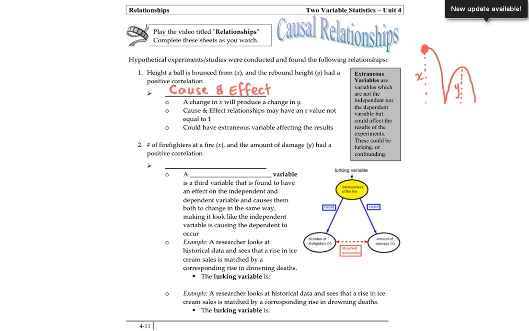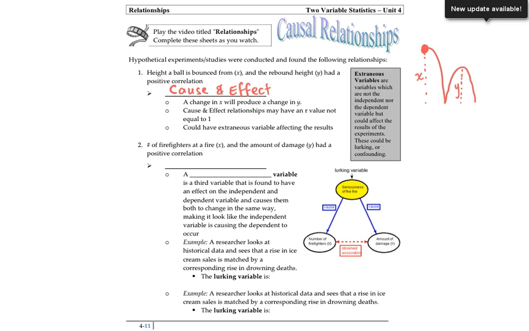So a change in x will for sure produce a change in y. Exactly how it changes varies depending on the situation, but if you change x, y will change. So in this example, if you drop a ball at a higher height, it will have a higher rebound.